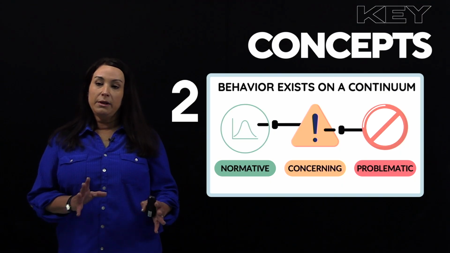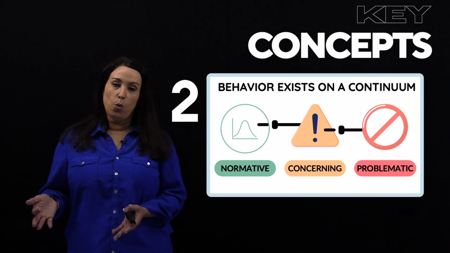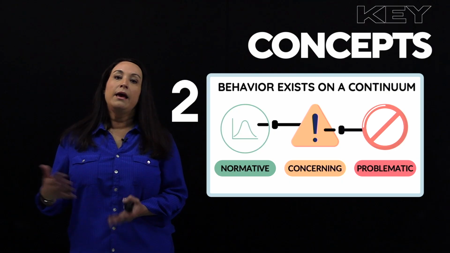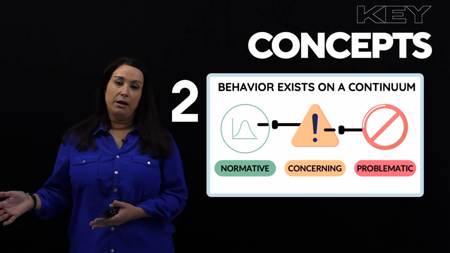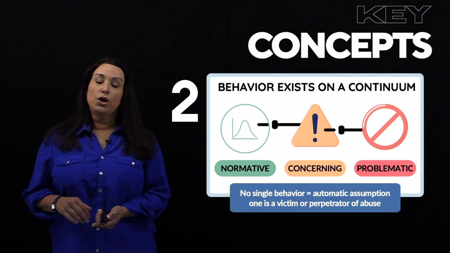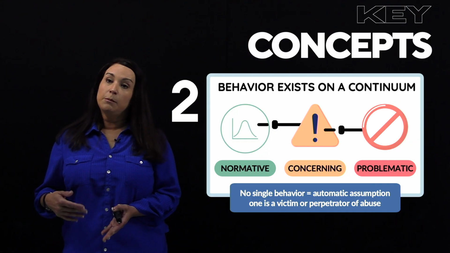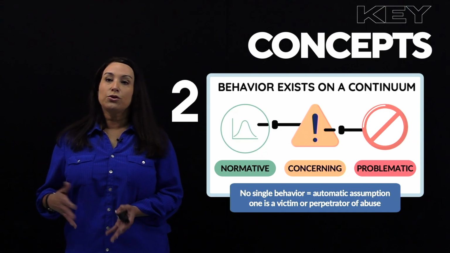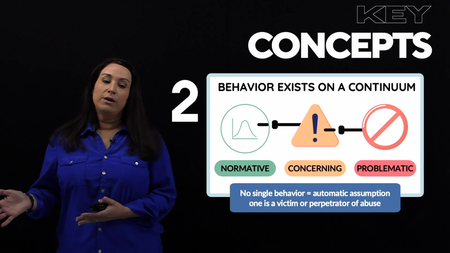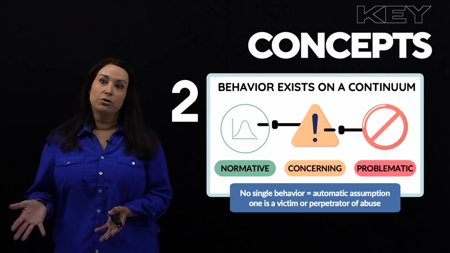So you have the normative behavior, then you have concerning behavior where you would likely want to ask more questions and get more information, and definite problematic behavior where you may seek professional intervention. No single behavior should lead to an automatic assumption that someone is a victim or a perpetrator of abuse. Certainly that does happen. However, someone shouldn't be labeled that just because of one behavior.